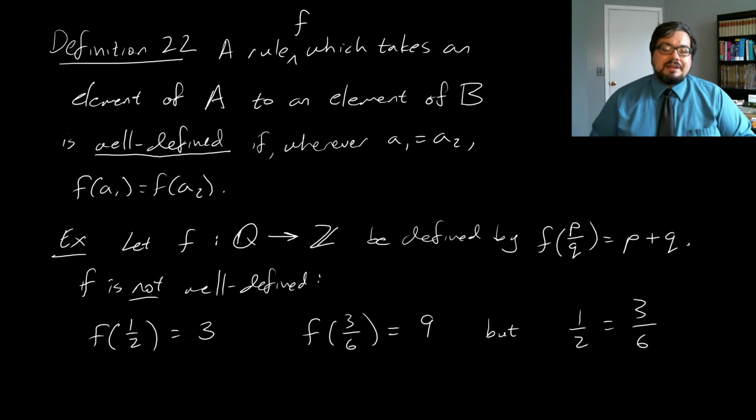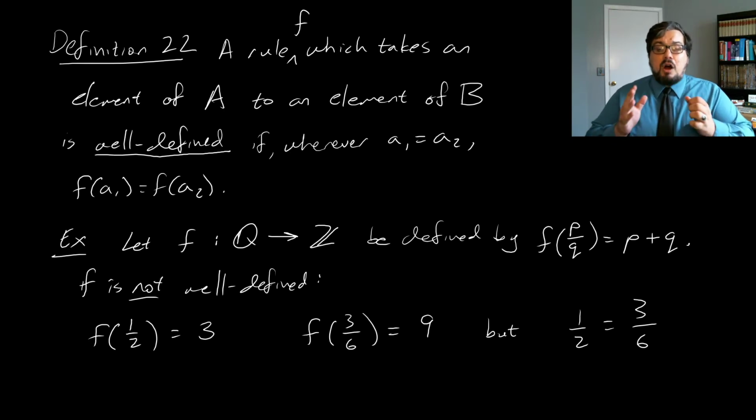What's going on here is that the single rational number 1/2 has many different ways that it can be written. In particular, it could be written as 1 over 2, and it could be written as 3 over 6. And when you have multiple ways of describing the same object, you have to be very careful when you define a function in terms of that representation.